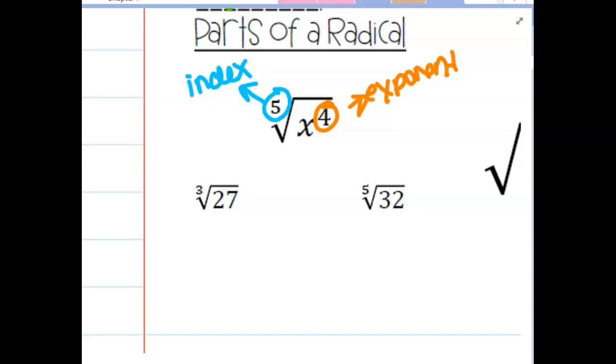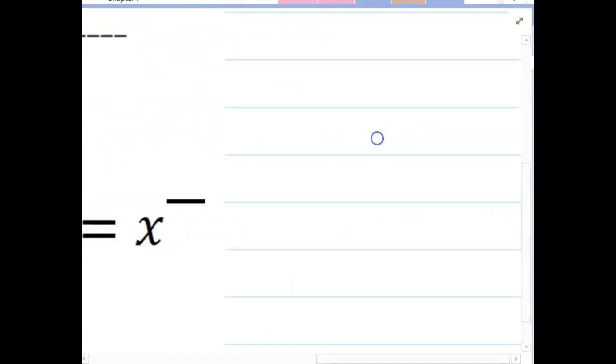The index. Now, in math, a lot of times we talk about opposites, like if you're adding, the opposite of adding is subtracting. If you're multiplying, the opposite of multiplying is dividing. It turns out that an exponent and a radical, they're opposites of each other. They're inverses in a way. So what I mean by that, if you took 5 squared, okay, or 5 times 5, you would get 25.